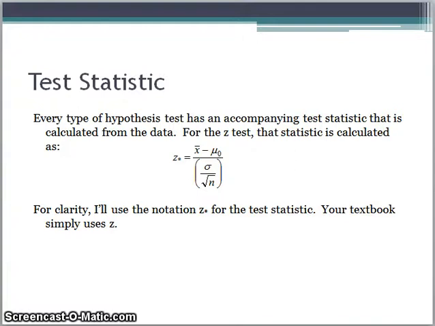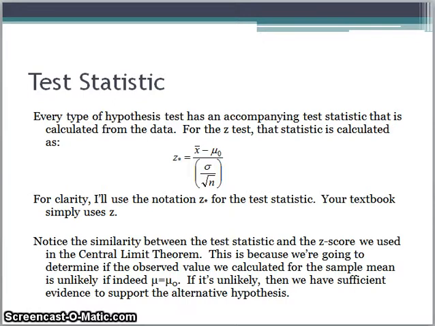And if that looks familiar to you, it should, because that's from the central limit theorem. And in fact, this comes directly from that. So just for clarity's sake, I'm going to use the notation z with a star subscript. Your textbook uses z, and that's okay, but I just want to be clear.